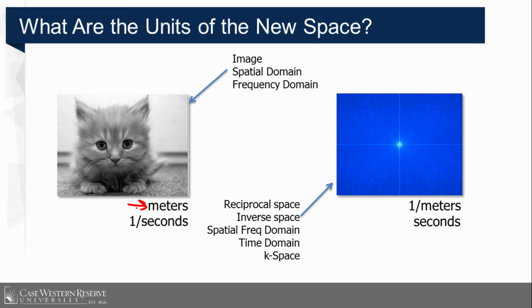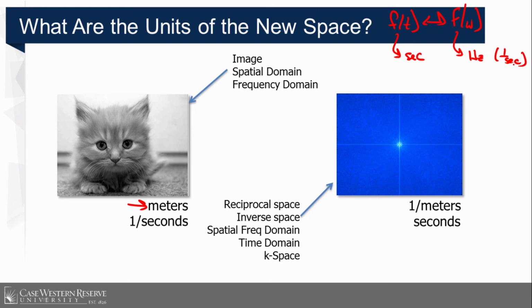So if we think back to all of the analysis that we did before of our time domain signals, we remember that we always had a signal of time, which we converted into a signal which was a function of frequency. So here, our time domain signal often had units of seconds, and our frequency domain had units of hertz, which is just 1 over seconds. And so performing the Fourier transform inverted our units.